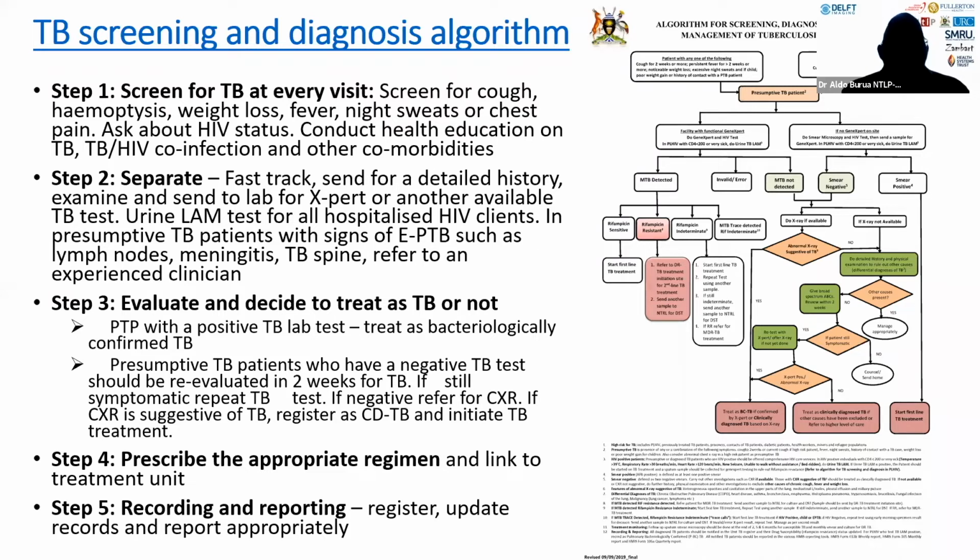And then in step 3, we evaluate and decide to treat as TB or not, whereby presumptive TB patients with a positive lab test are treated for TB, and those who test negative in the laboratory are re-evaluated, and if they still remain symptomatic, they are referred for X-ray. So this is specifically referring to people who have an initial negative laboratory test that they qualify for X-ray examination. And if the X-ray is found to be suggestive of TB, then they are initiated on TB treatment.